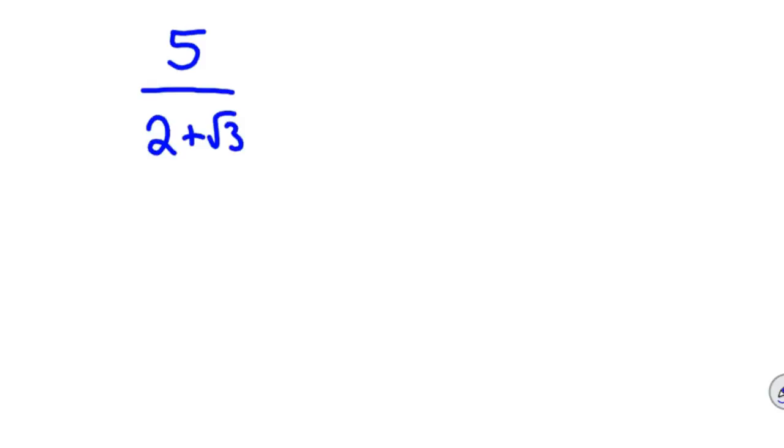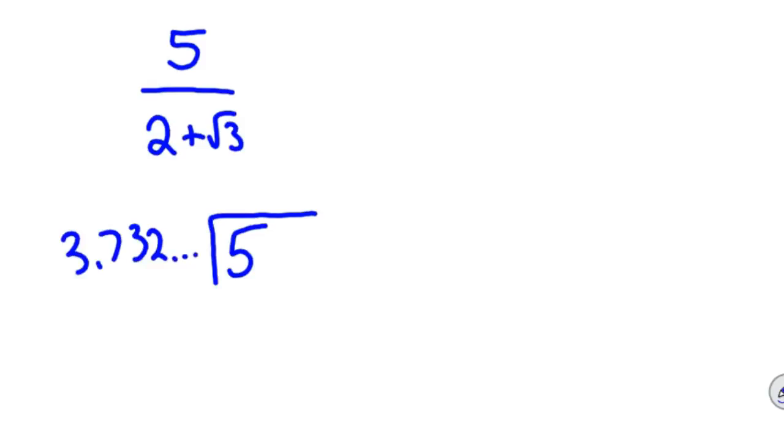And so, this would have been back in the day an impossible thing to get precisely right, because you basically would be saying take 5 and divide that by 3.732 dot dot dot. Well, it's tough to divide by an irrational, because if you know your algorithm for this, you move this over so many places and you move this over so many places. Well, how many places do you move? You can't move forever. It's impossible to do.